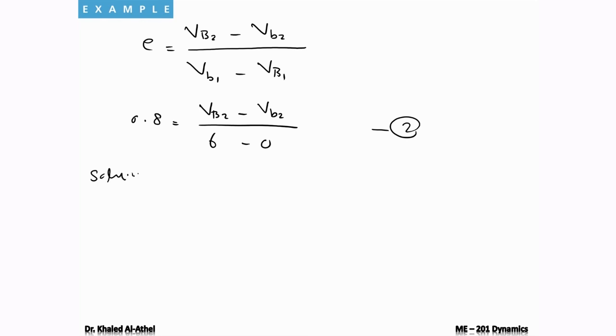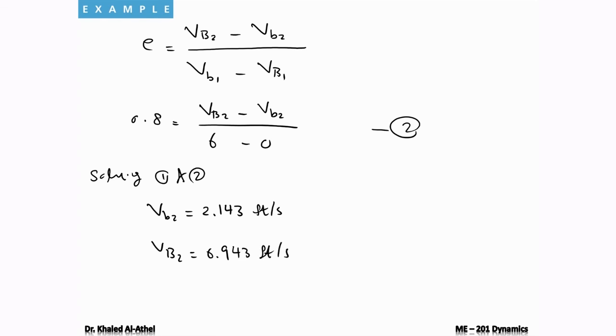Solving 1 and 2 yields the following values: v_b2 for the ball equals 2.143 feet per second, and the velocity at the point capital B equals 6.943 feet per second.